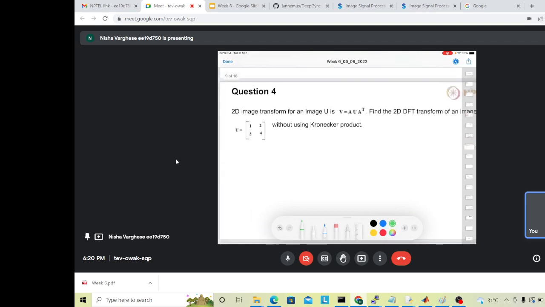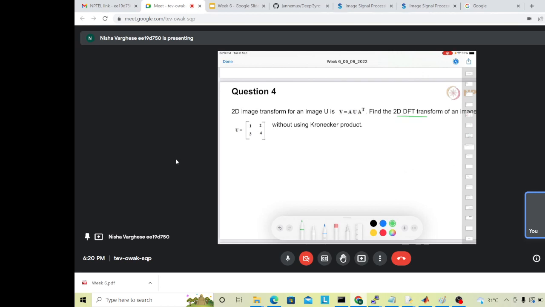Then question 4. The 2D image transform equation is given, V is equal to A U A transpose. Find the 2D DFT transform of an image U without using the Kronecker product. The Kronecker product topic will come later. So we have U with us as 1 2 3 4. Assume that it is an image and the 2D DFT transform we have to find out.